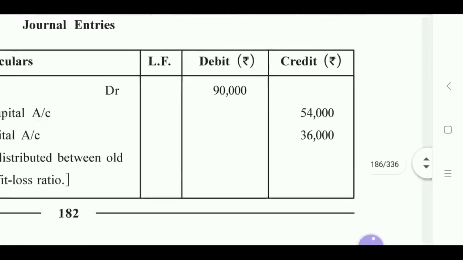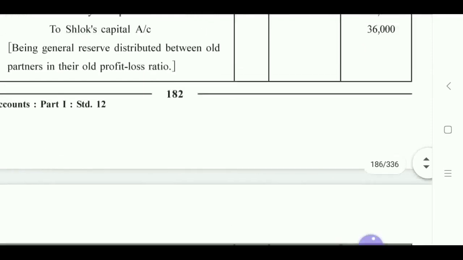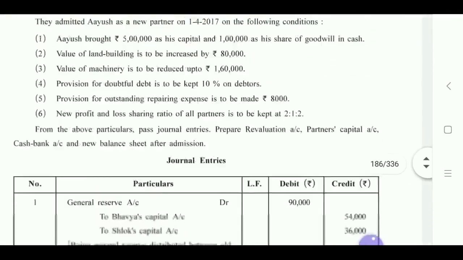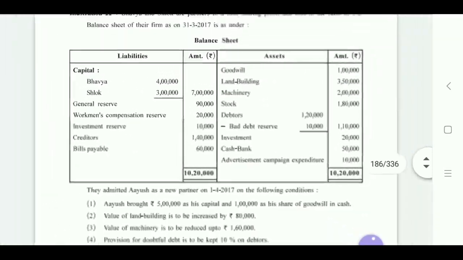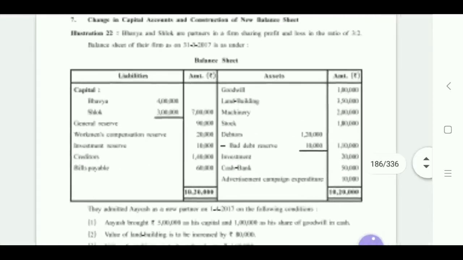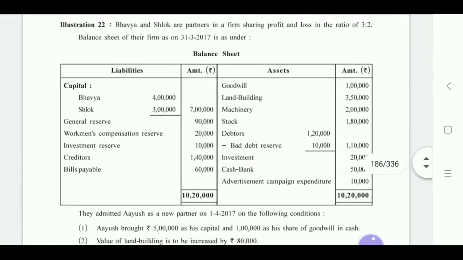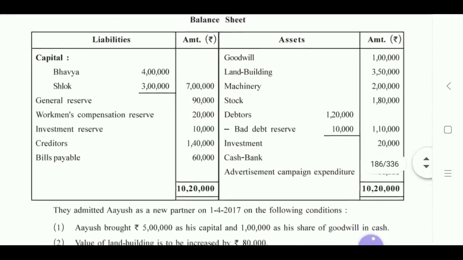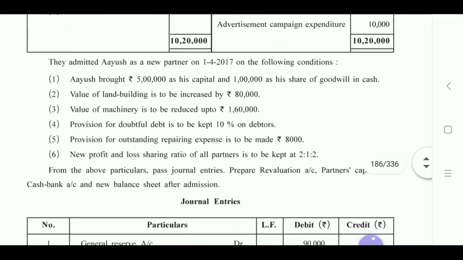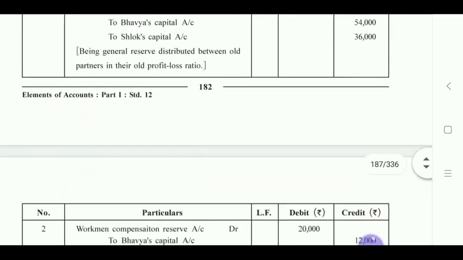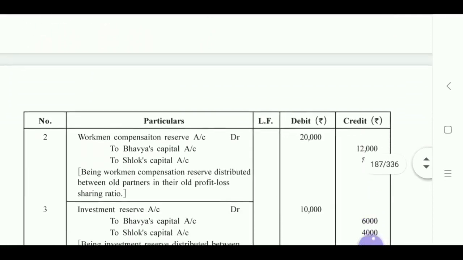Okay. Let us check the posting. Or else let us understand the journal entry of compensation reserve first. Yes, we are back. Workmen's compensation reserve, इसकी भी journal entry same ही रहती है. We'll understand the journal entry along and then we'll move towards the process of posting.